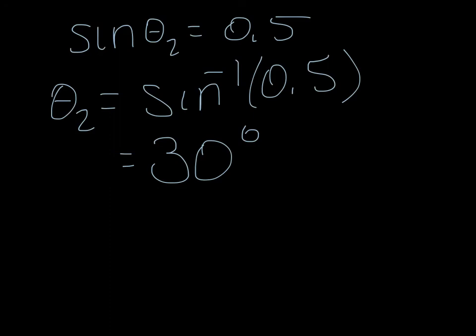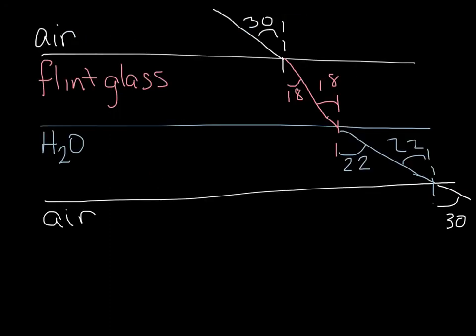So what does this look like? Back to our illustration. Light enters through air at 30 degrees. It travels through the flint glass and is refracted to 18 degrees. That 18 degrees is then incident upon water, which refracts it to 22 degrees.